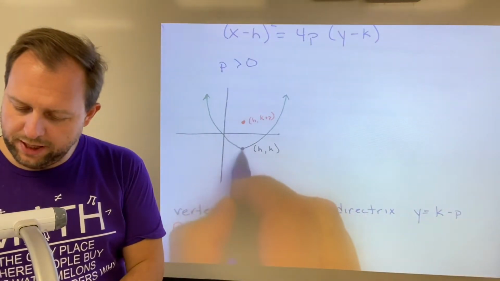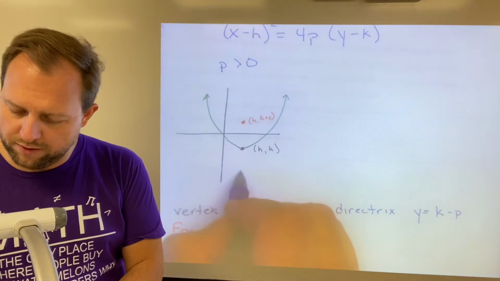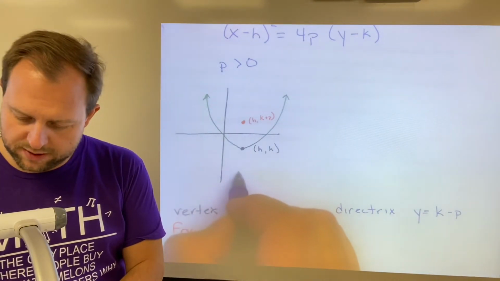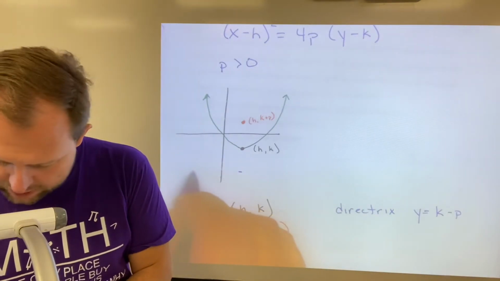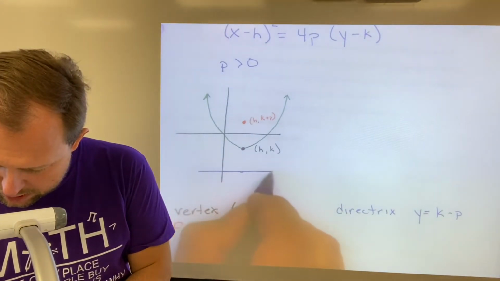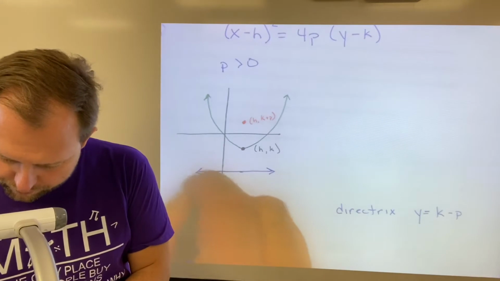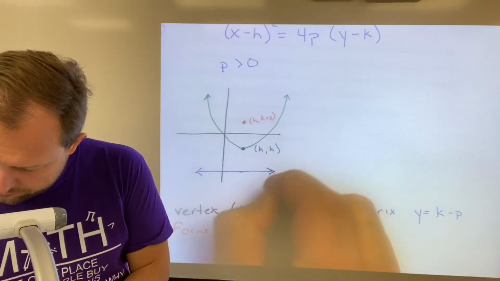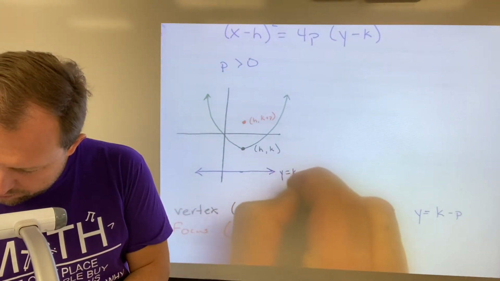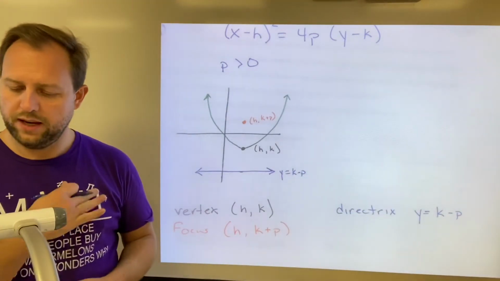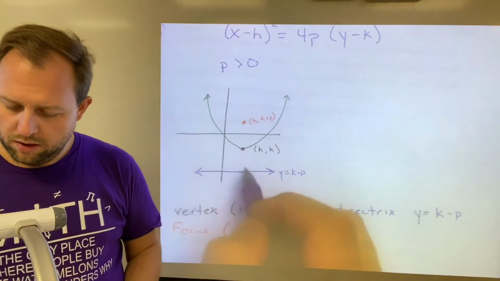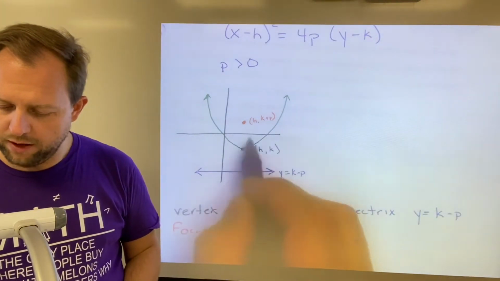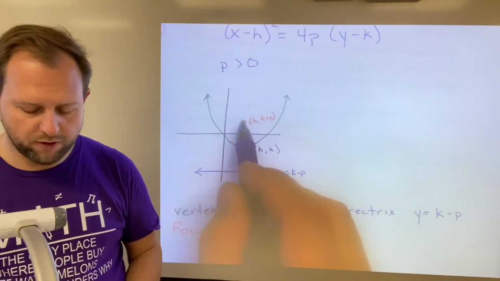So it is the equal distance in the opposite direction from the focus, the same distance down, and it's going to create a line that is, in this case, horizontal. Okay? Equal distance down from the focus.